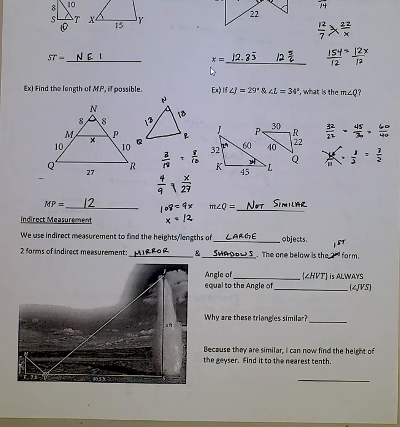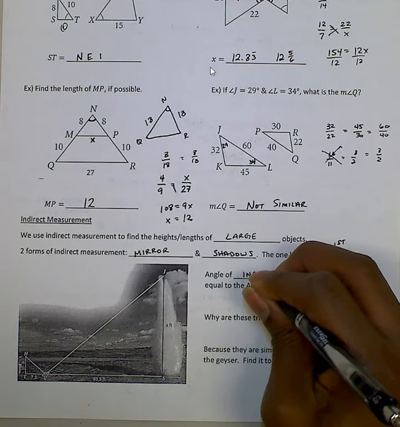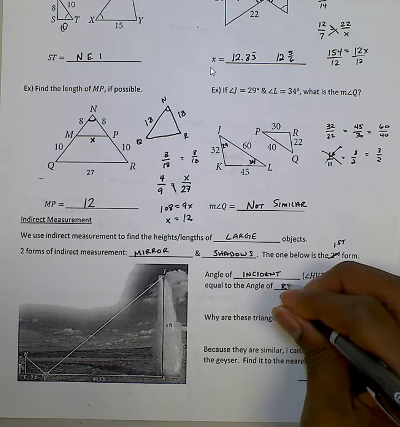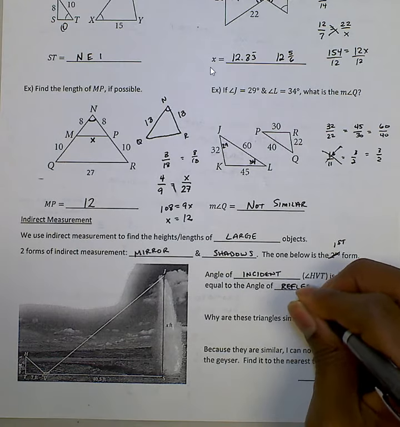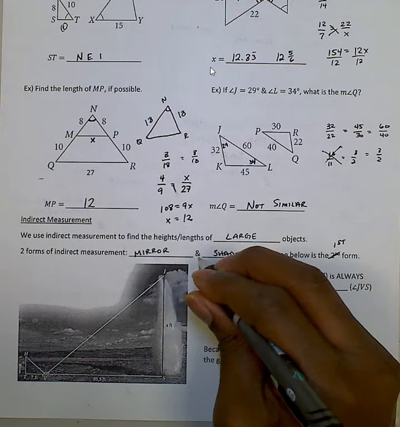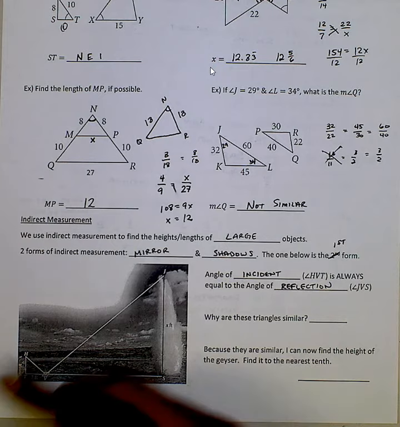The angle of incidence is always equal to the angle of reflection. So what that basically means is as the light comes in, the same angle that the light comes in, it bounces out.